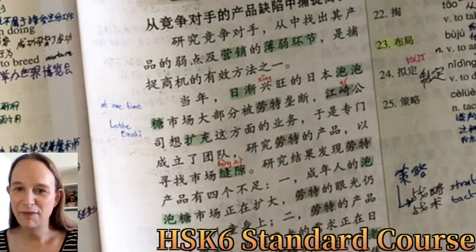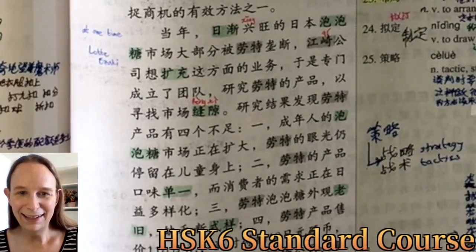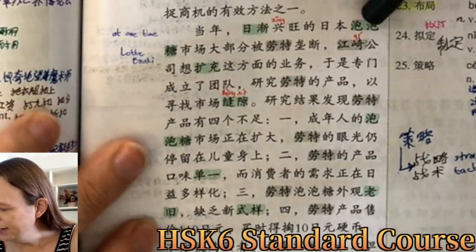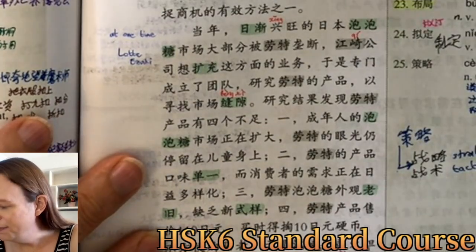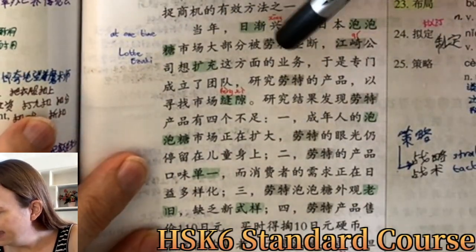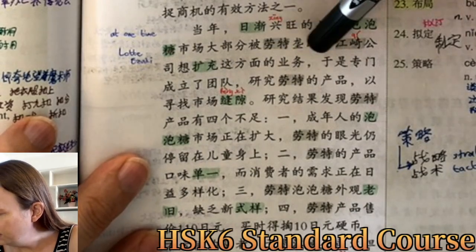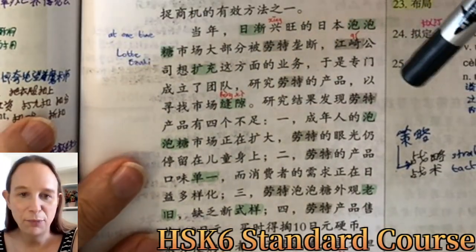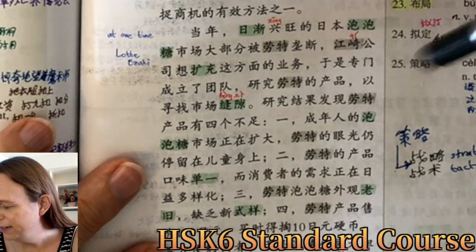Not like I have bubble gum. It's for kids, right? 泡泡糖。OK, Japanese bubble gum. Bubble gum 市场大部分被劳特垄断。So this is some brand, 劳特, some Japanese brand of bubble gum.